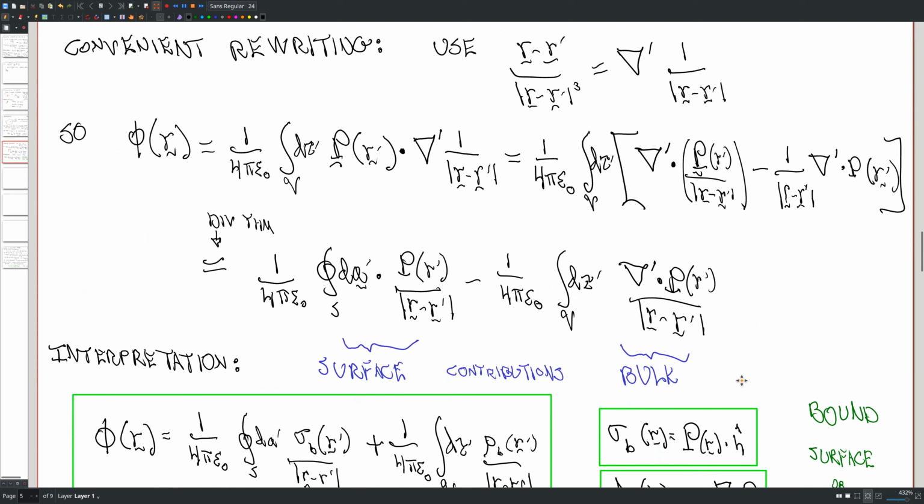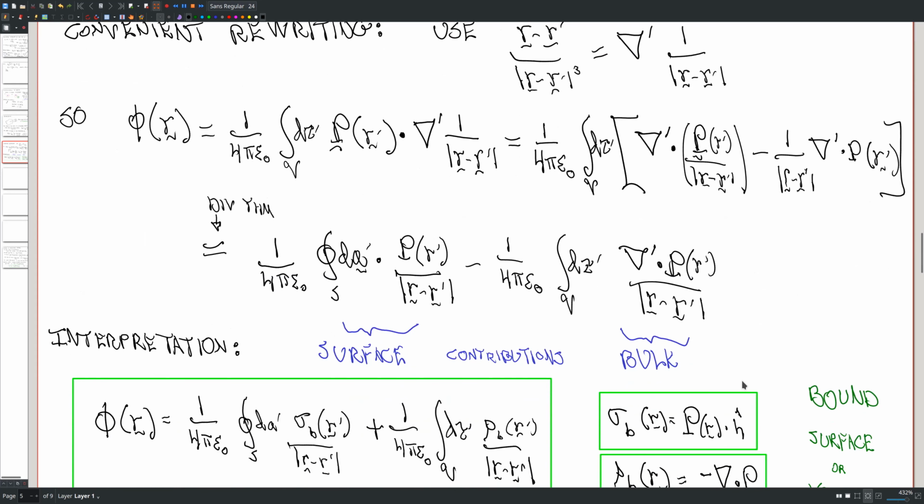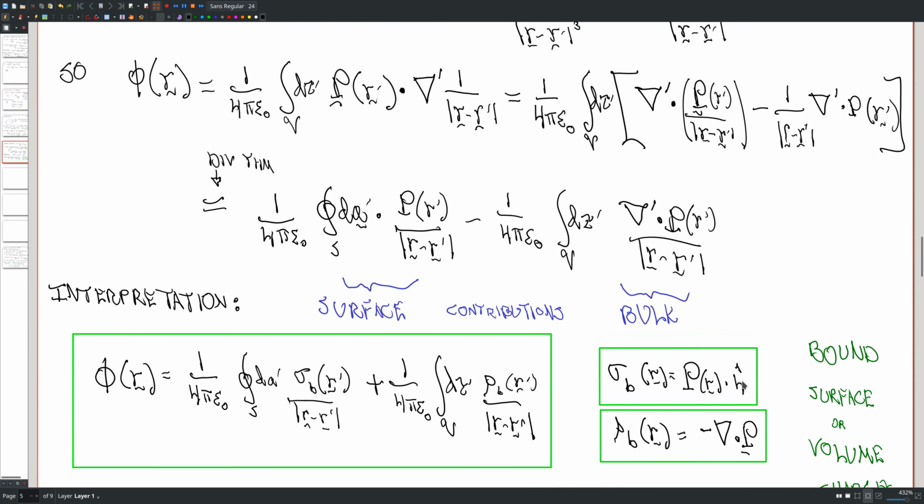But now in a sense it's even simpler because we're done. And why do I say that we're done? It's because these two terms that you get from this have a very convenient interpretation. The two terms that you get from doing this partial integration are, first, a surface term, and second, a bulk term. The surface term is the potential associated to something that lives on the surface of your volume and has a certain surface charge density. The bulk part is the potential that comes from a charge distribution inside the bulk.